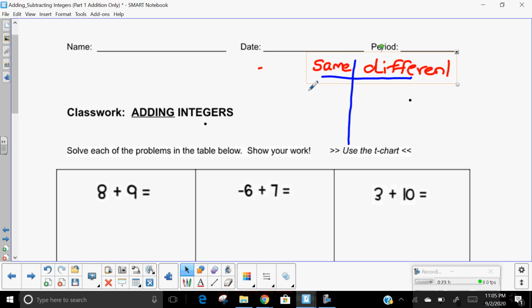So same sign, we're going to add. Different signs, subtract.